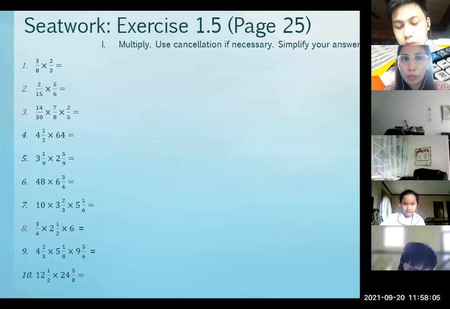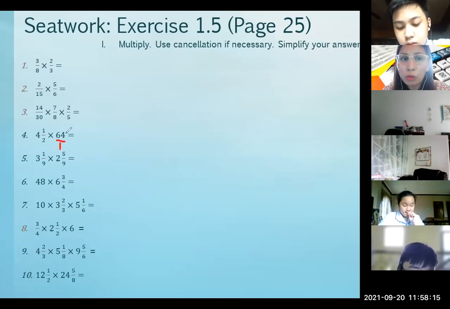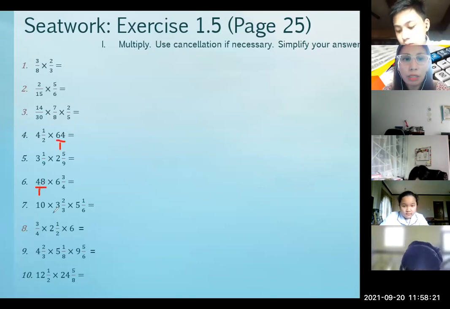And if you are confused with the whole numbers, please write over 1 below it to indicate that the whole number is now your numerator. Like this, over 1.